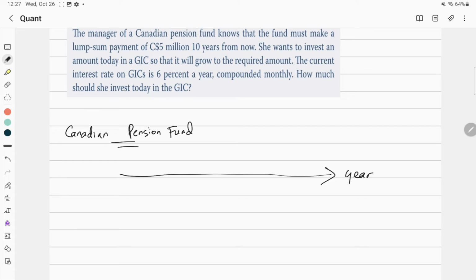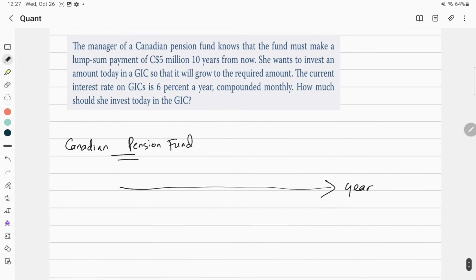So time is equal to 0, 1, 2, 3, 4, 5, 6, 7, 8, 9, 10 years. This is 10 years, and this is now.